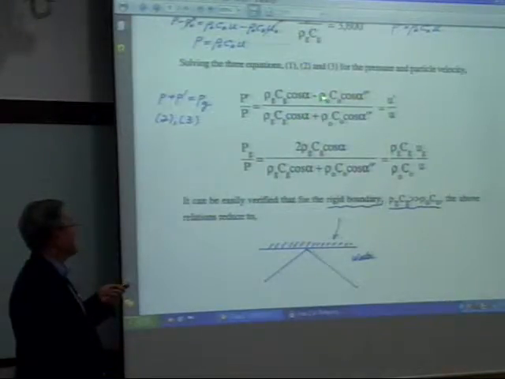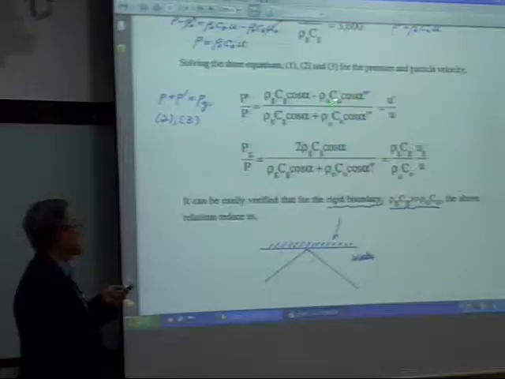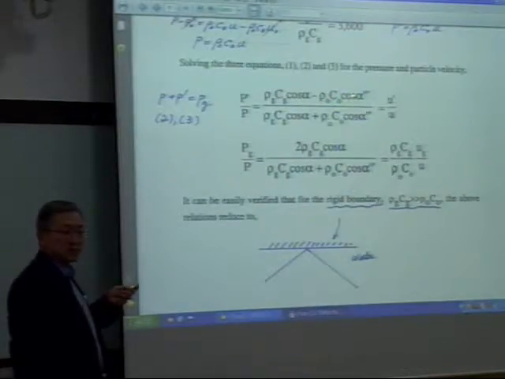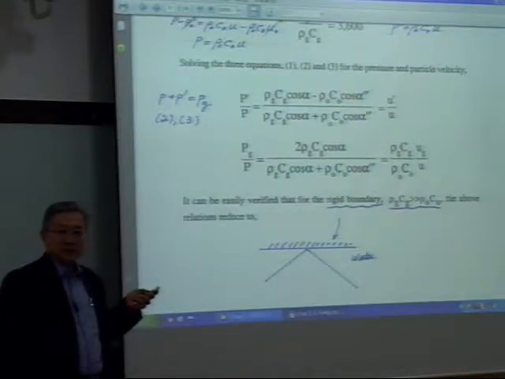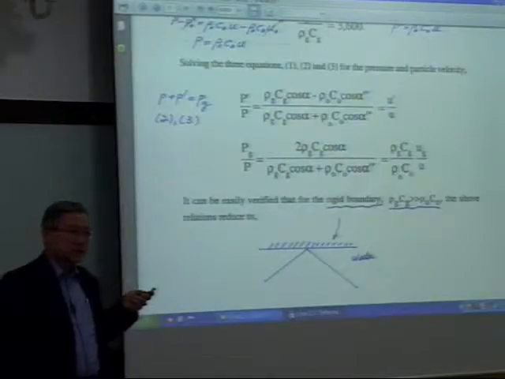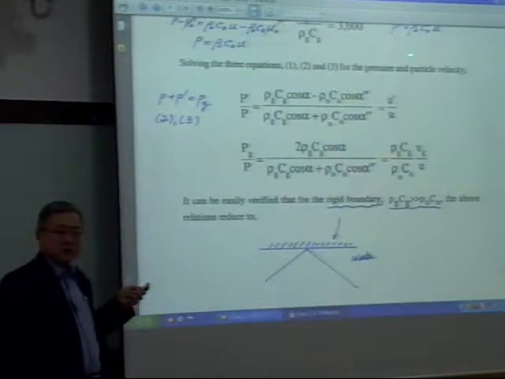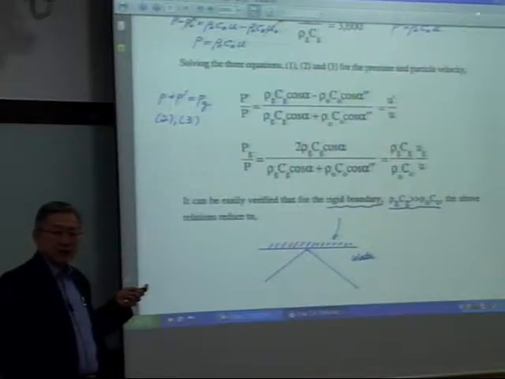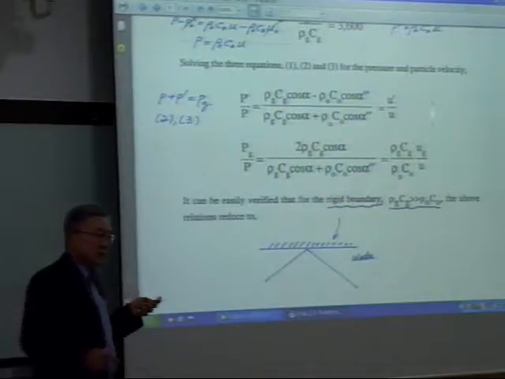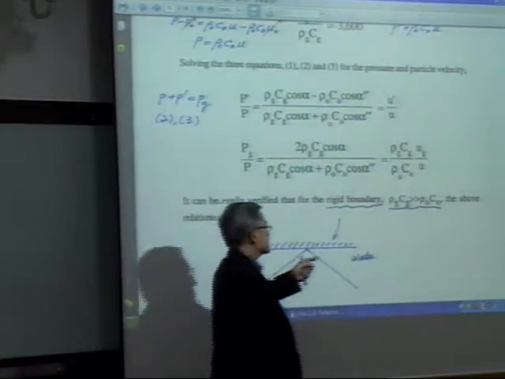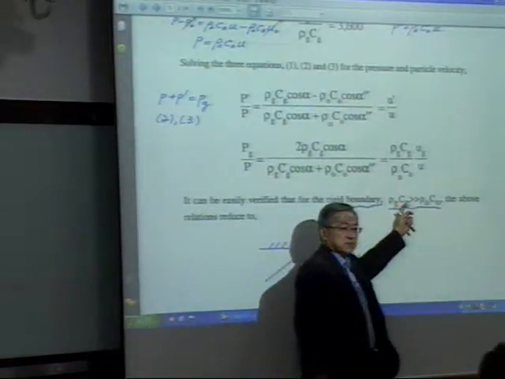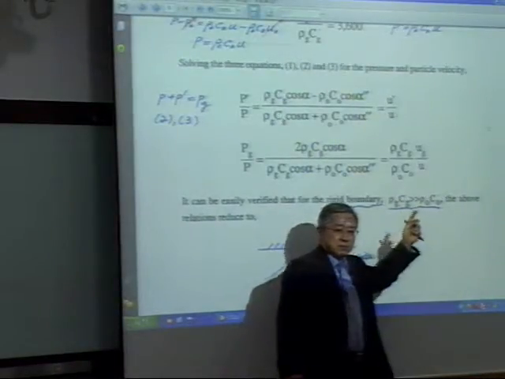Over here is rho naught C naught over rho G Cg, of course multiplied by cosine alpha double prime, right? But rho naught C naught over rho G Cg, I can set equal to 0, because of the assumption to replace air by the rigid.